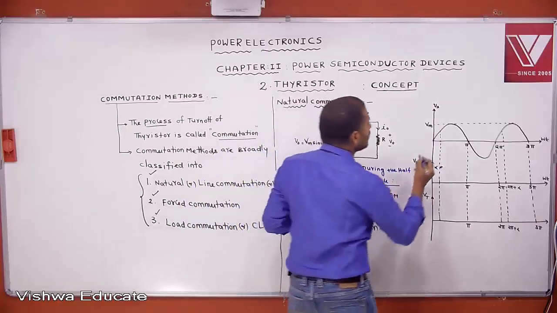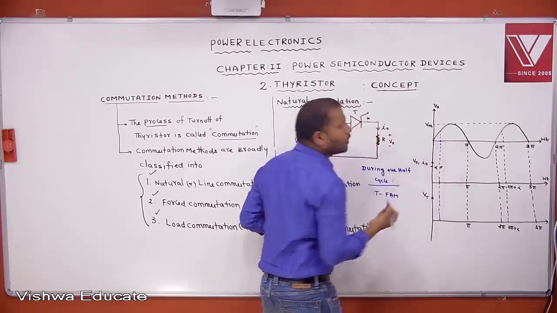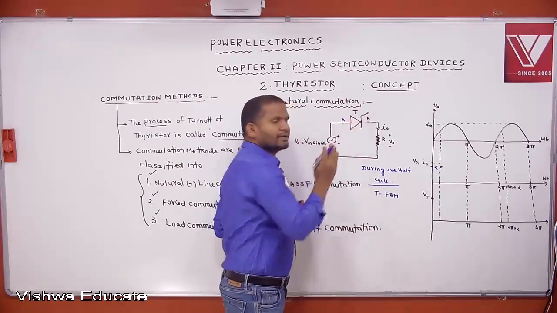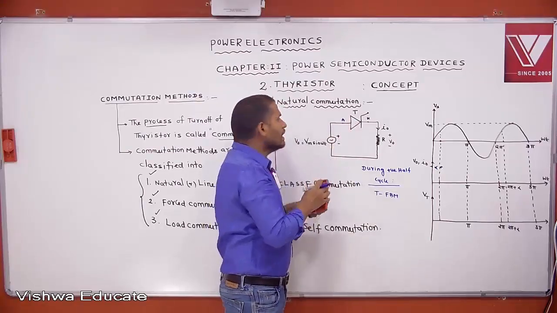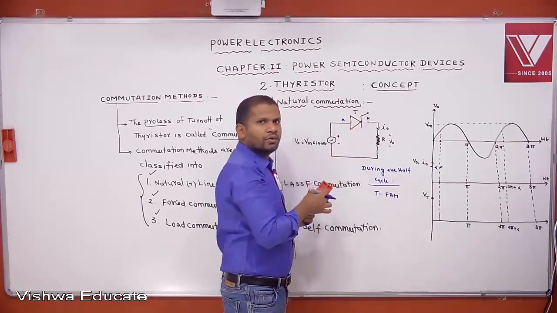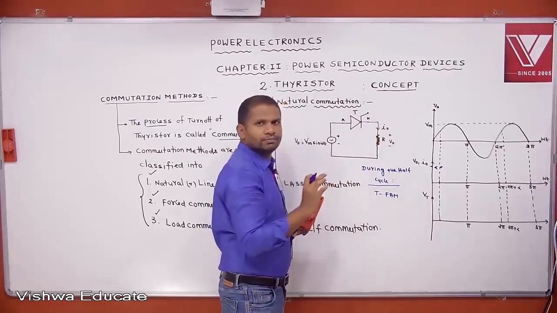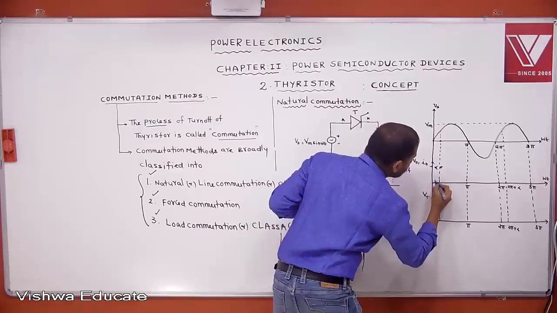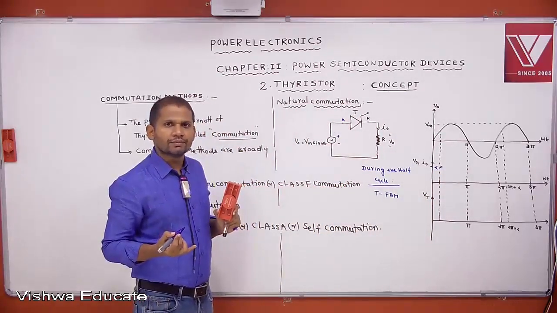That means up to alpha, the thyristor is not conducting and acts as an open circuit, so the source is not connected to the load. Then up to alpha, the output voltage is 0.